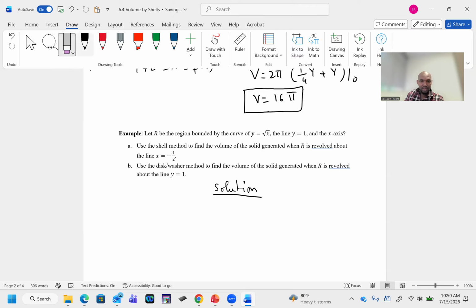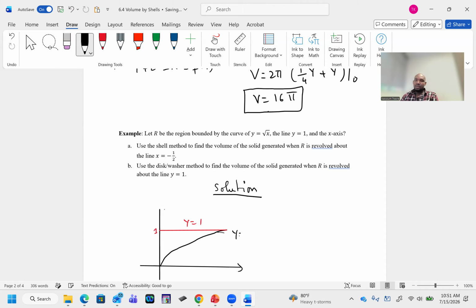Let me move it to the right a little bit because I will need the space. This is the line y equals 1, so this is 1, and this is the graph of y equals the square root of x. So this is for R.